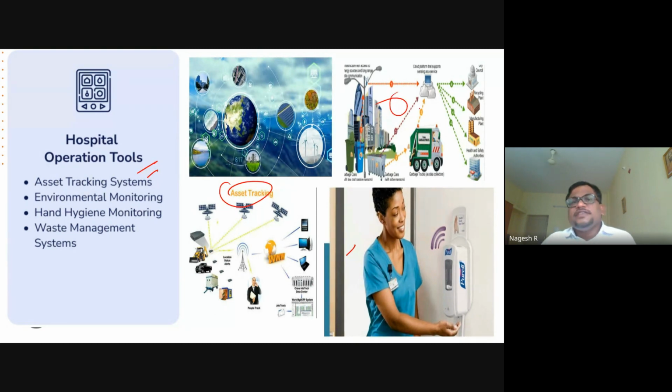Another interesting topic is waste management. Waste management in a hospital is very important, because there might be organ waste, radioactive waste, and different types of waste. Of course, that is a different science altogether. But this has to be segregated properly and disposed of properly, and on time also.